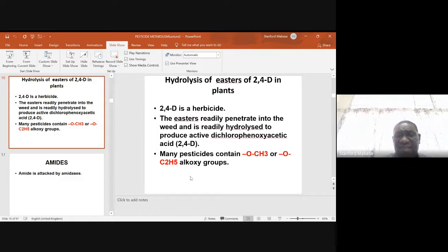So hydrolysis can actually liberate the acid part of the herbicide. And many pesticides may contain the OCH3 or the OC2H5 alkoxy groups, which can be broken down by hydrolysis.